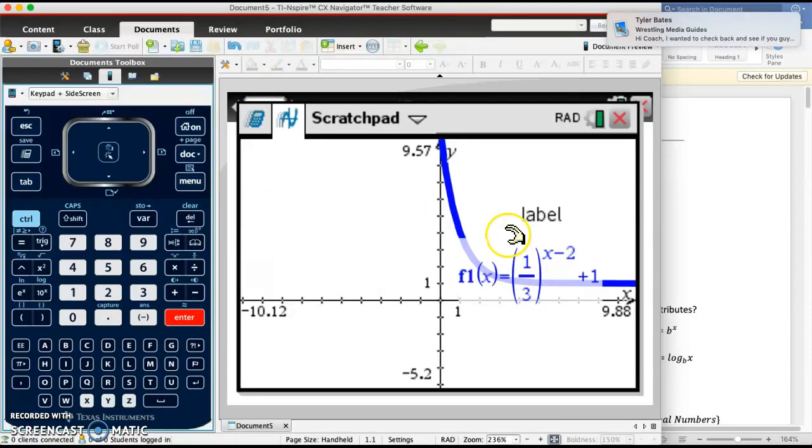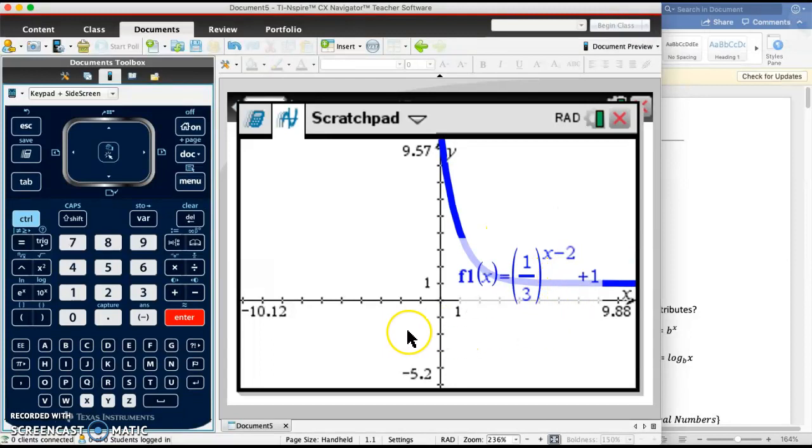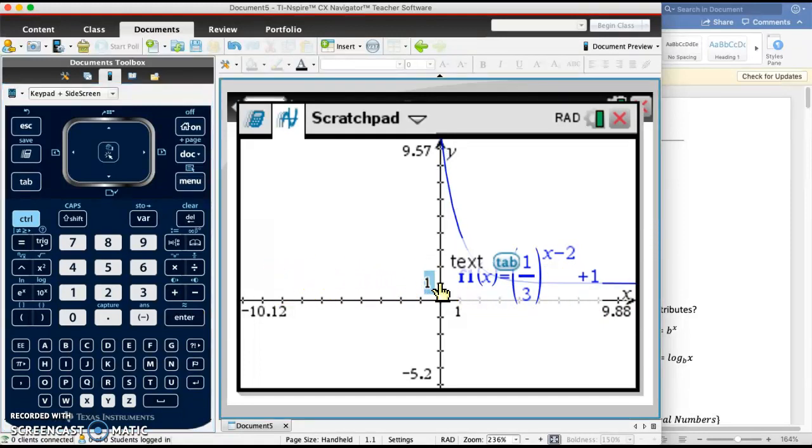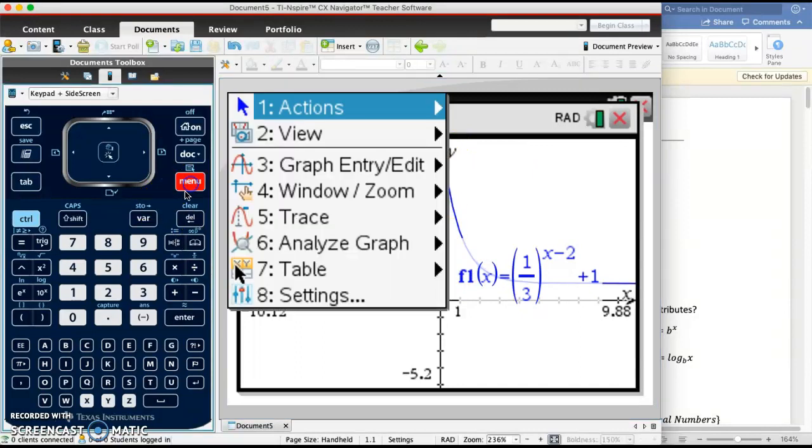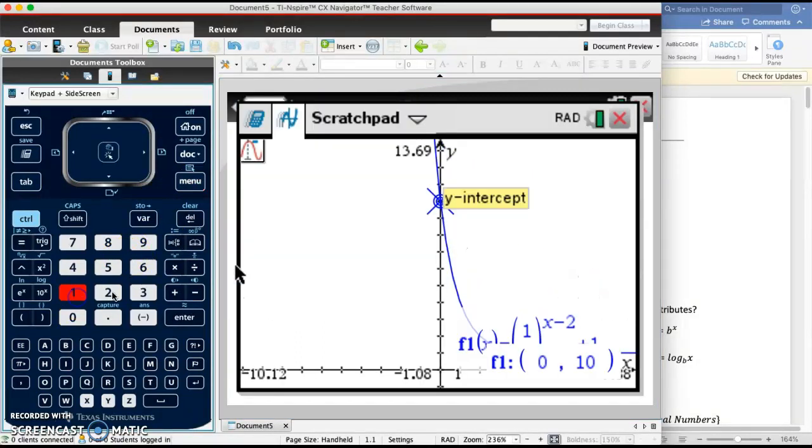And so my job is to see where there's an asymptote. Right away I can see that right here, along with 1 here, there is an asymptote right here. I'm not sure if there's an asymptote at 0, so if I go to menu 5, 1, that traces it.